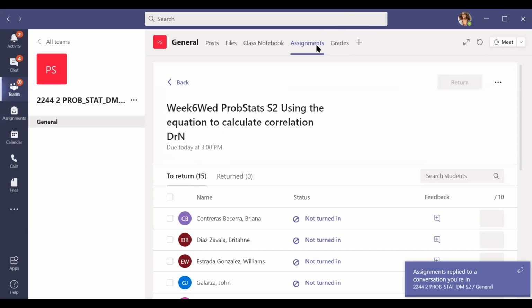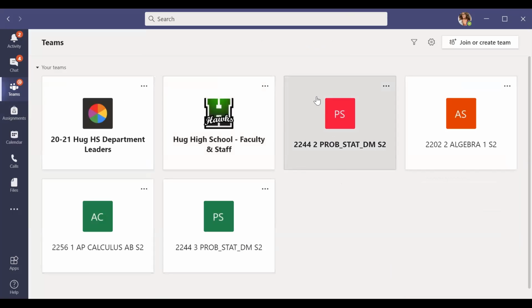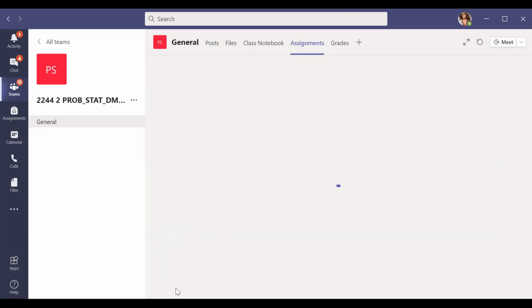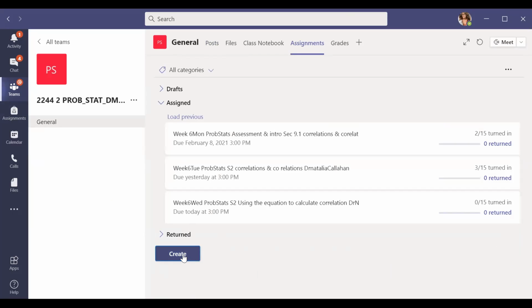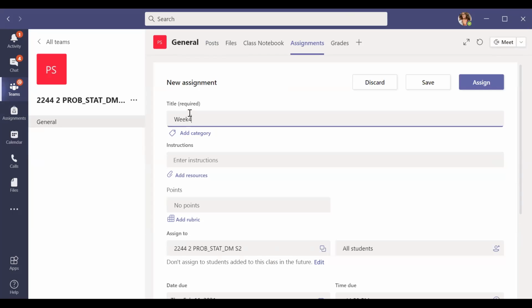Then let's go to assignment and add the assignment. I'm going to create it, and it will be week 6 Thursday.